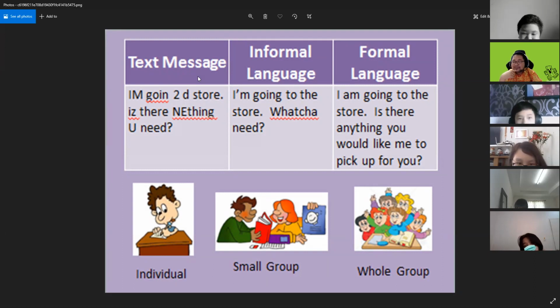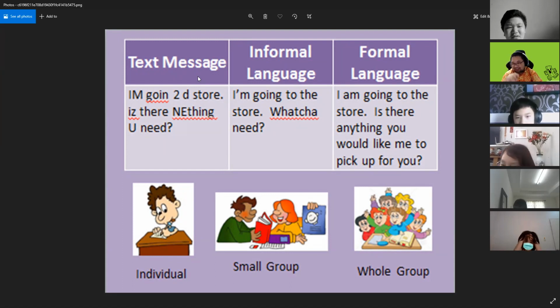Okay. Now, fun fact about SMS: the characters that you can type are limited to 144. When you text in SMS, you are limited to 144 characters. You cannot even send pictures.